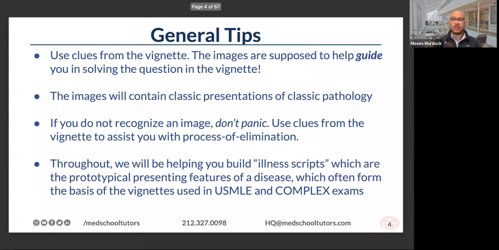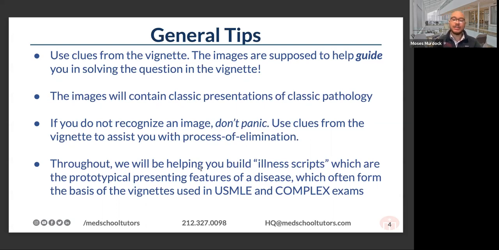With that, we'll go over some general tips for how to approach questions within the immunodeficiencies and leukocyte disorders space, but some of these tips apply to basically any vignette. You really want to use all of the information provided to help eliminate incorrect answers and get to that one best answer. There will be multimedia on your exam, whether it's a radiology image, a histology slide, or a heart sound on auscultation.